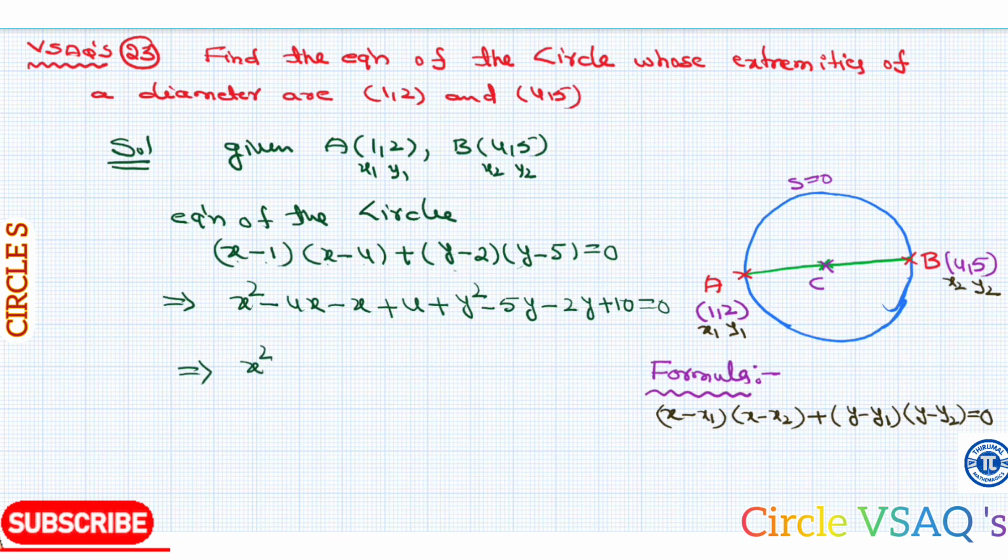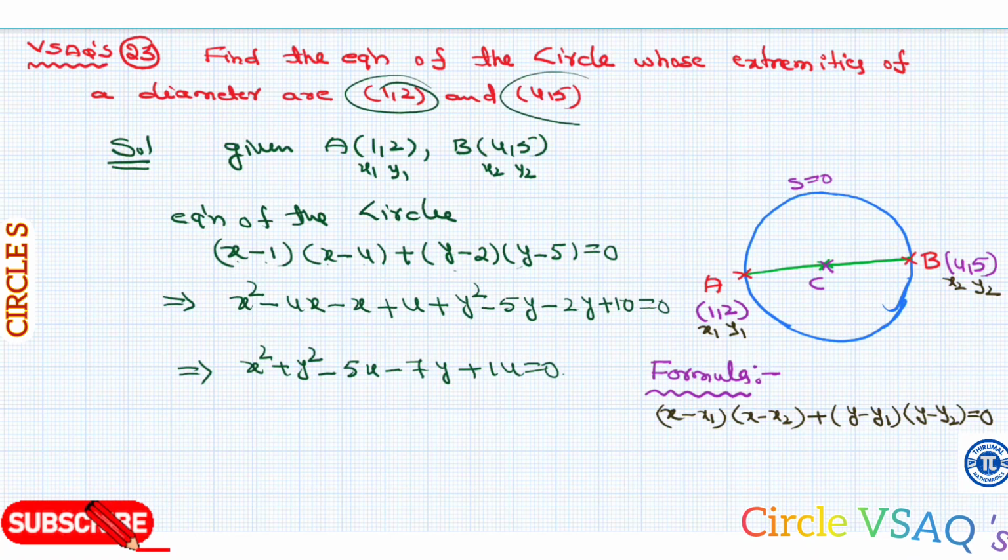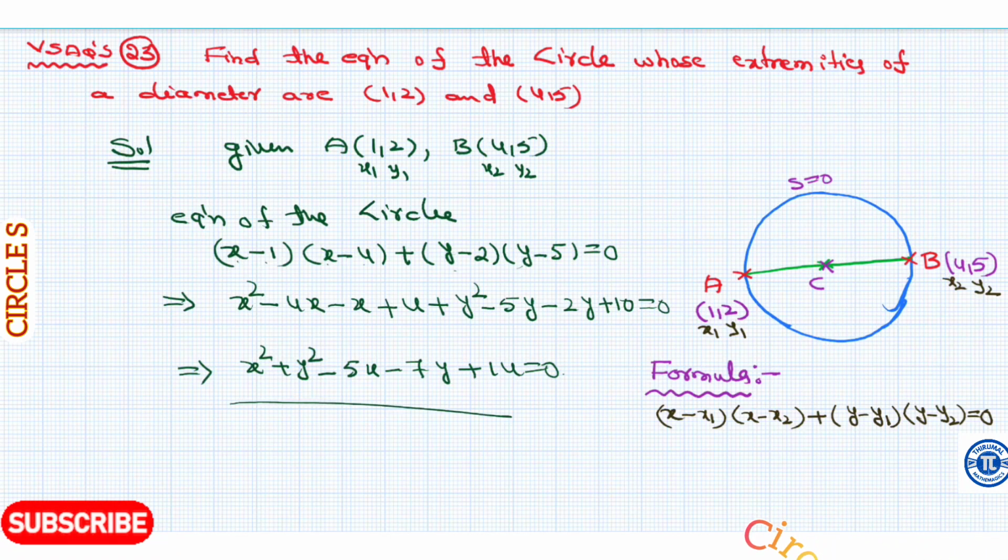Implies x square plus y square minus 5x minus 7y plus 4 plus 10 is 14 equal to 0, which is the equation of the circle whose extremities of a diameter are (1, 2) and (4, 5). Okay, thank you.